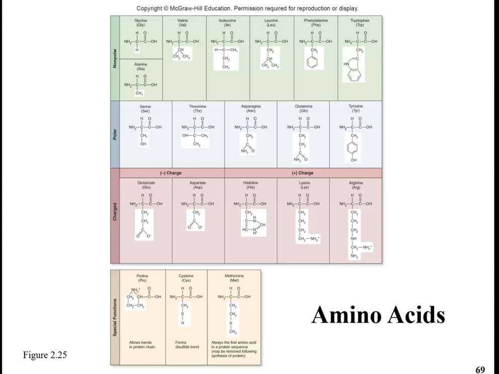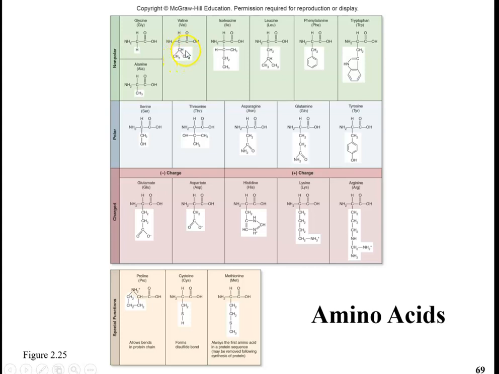Here are the amino acids, and what I want you to take away from this, I don't want you to worry about memorizing the amino acids. I do want you to realize the structure of one, though. So here's that central carbon. There's the C-terminal end where the carboxylic acid is. There's the N-terminal end where the amine group is. And then down here is that variable R group.